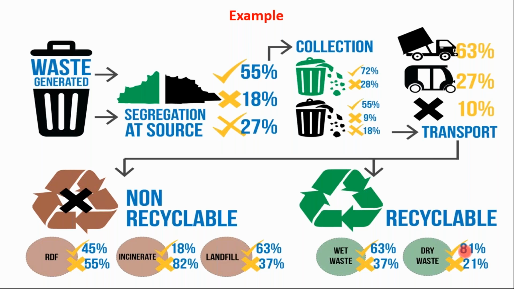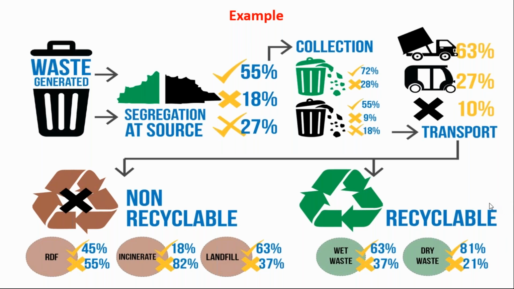So depending on the characteristics of the waste, depending on the transportation facility, depending on the collection centers, depending on the separation or segregation at source, all these things matter. The efficiency or the success of this waste to wealth facility depends on these different elements.